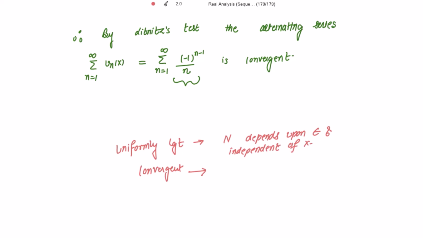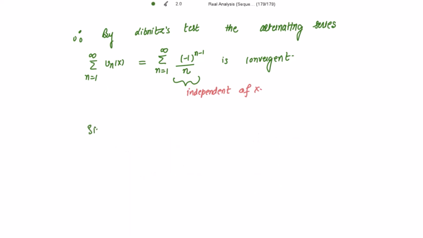But for the convergent series, the positive integer N depends upon both epsilon and the point x. This is the difference between uniformly convergent and the convergent series, right? And because this is independent of x, we say that this series is uniformly convergent.